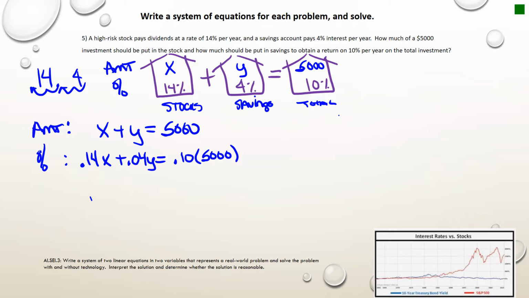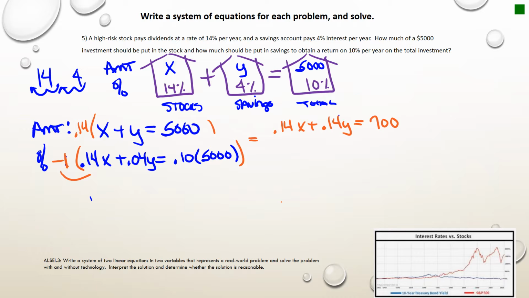Okay. So I'm going to use elimination because it's my favorite, all right? I'm going to take the top times 0.14 and the bottom times -1. So I'm going to get 0.14x plus 0.14y equals, I got to multiply 0.14 times 5,000, and it equals 700.